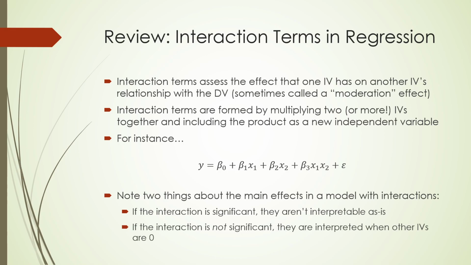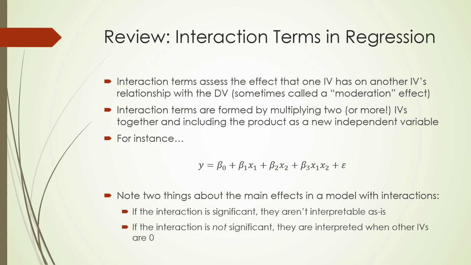The other thing that happens that we don't always talk about is if the interaction is not significant, and frankly, even if it is significant, it doesn't really matter if it's significant or not. The main effects for the variables included in the interaction only are interpreted when the other variables included in the interaction are 0. So what do I mean? Let's consider beta 1.